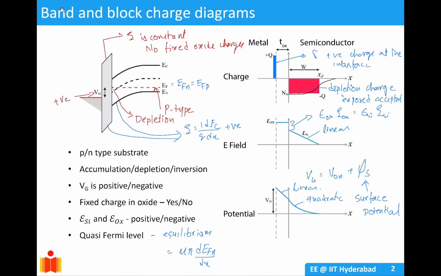So we have studied these band diagrams and block charge diagrams. For a depletion region in an NMOS, you have positive charges in the metal and negative charge depletion region in the semiconductor.